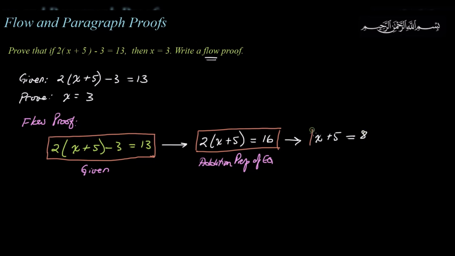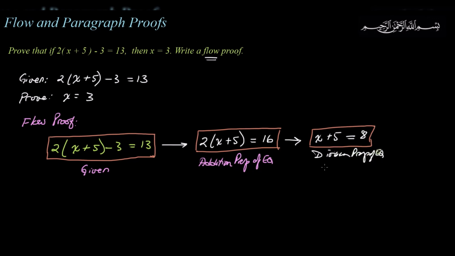Now, what's the reason that I can do that? Why is it legitimate for me to do something like that? Well, it's legitimate because of the division property of equality.